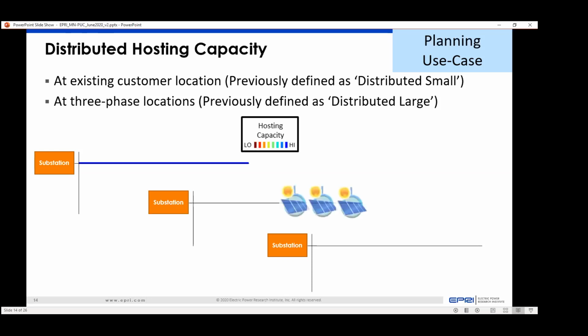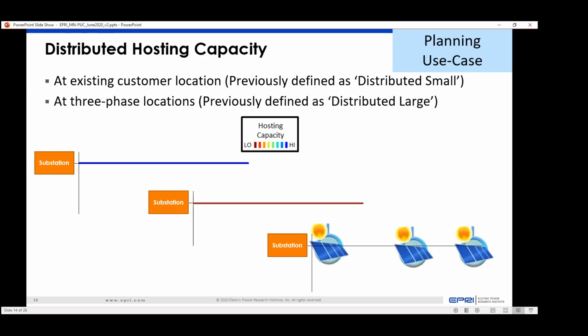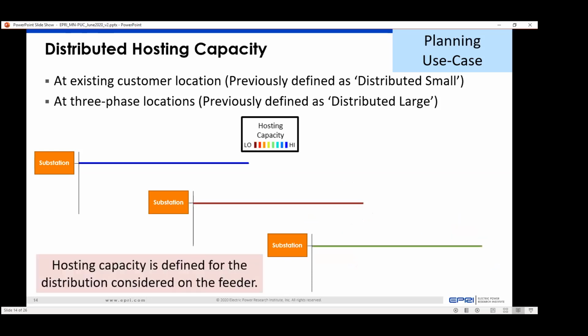Now, it'll change. If your distribution were skewed towards the end of the feeder, you may have a very different hosting capacity as a result. Or if it were distributed based off of customer location, perhaps, you'd have a different hosting capacity. And the key point here is your distributed hosting capacity, one of the potential results, is very tied to whatever distribution was considered on the feeder.